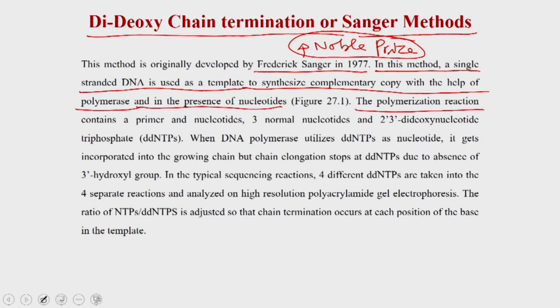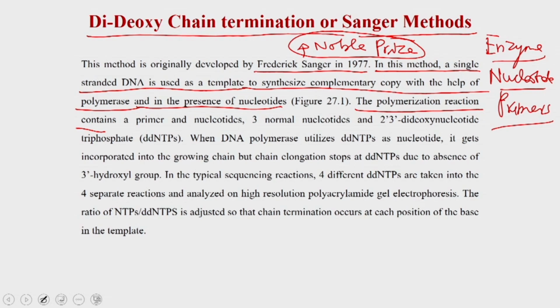The polymerization reaction requires the enzyme, which means the DNA polymerase, it requires the nucleotides and it requires the primers, if you remember when we were discussing PCR. So, these are the three things we require. For PCR you need the forward primer as well as the reverse primer. In this case we do not use both, we use only one of the primers, because we have to just generate the single stranded DNA.